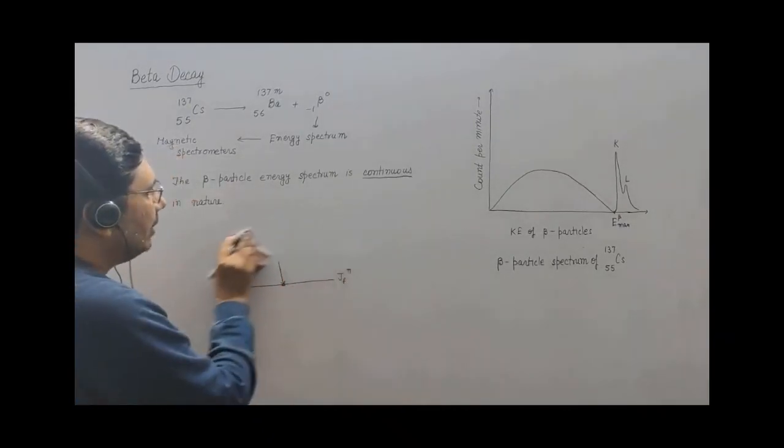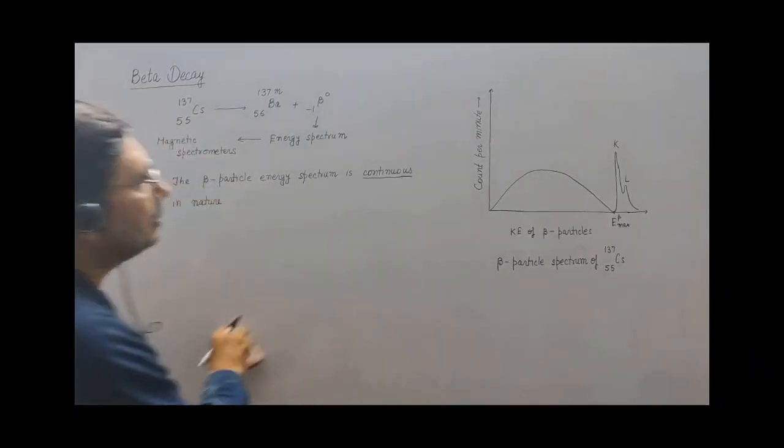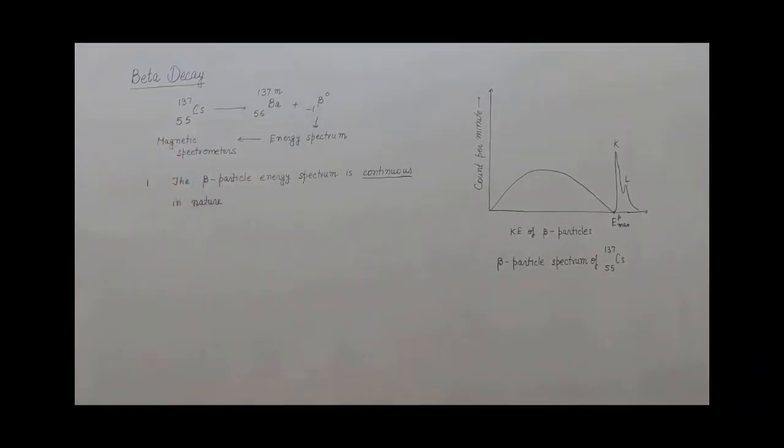So this is one important thing we have observed with the help of this energy spectrum for the beta particle.